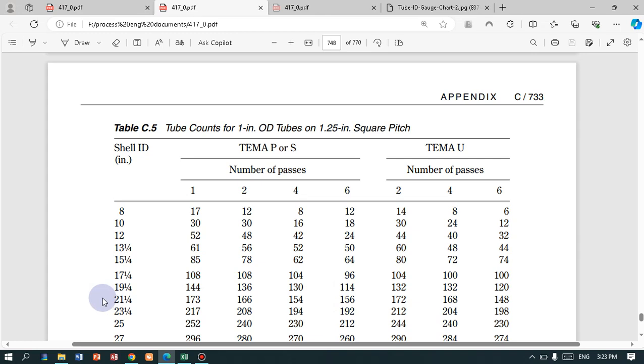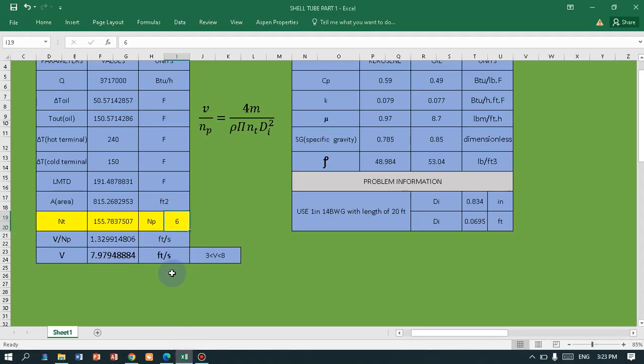By the intersection of these two numbers, we have the shell ID of 21 in inches. You can, for example, change this and see what happens by changing the number of passes, and calculate all these numbers by yourself.